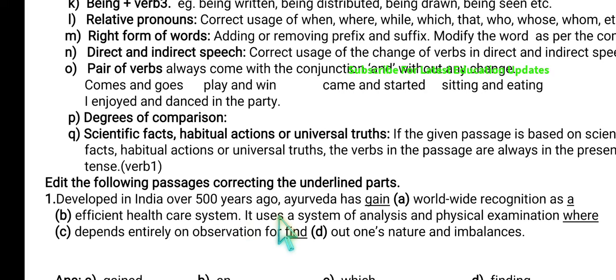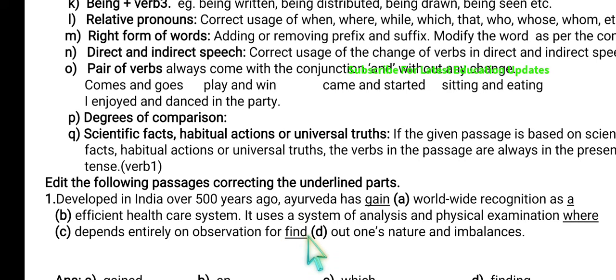Efficient healthcare system. It uses a system of analysis and physical examination. So this is the thing. Examination is a thing, so it doesn't refer to a place. So we have to replace where with which. Physical examination, which depends entirely on observation for finding.